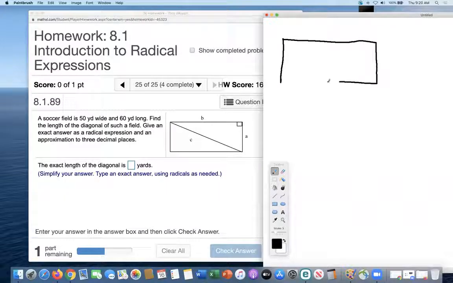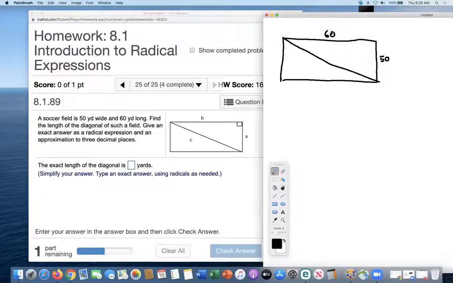Here's your rectangle. They measured the length of the soccer field to be 60 yards and 50 yards wide. I'm not sure if these are real dimensions, but it's all right. And for whatever reason, they want you to determine the diagonal.